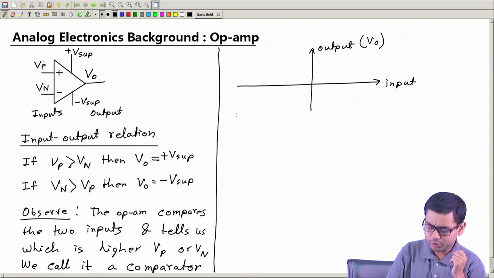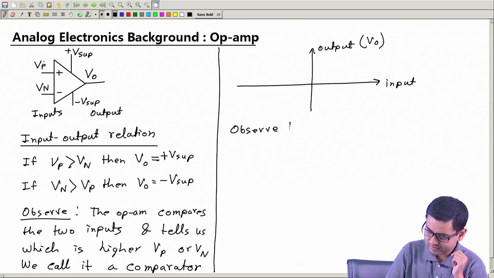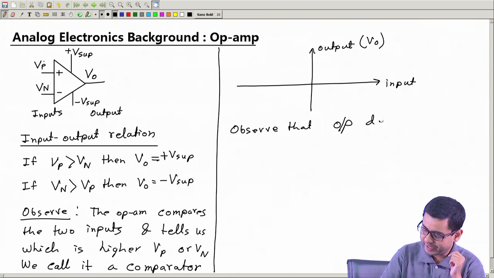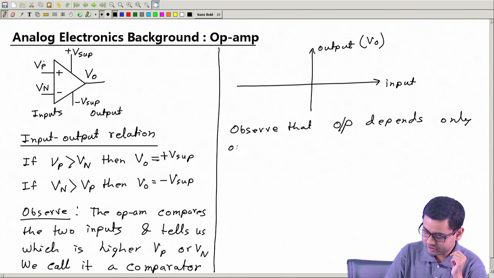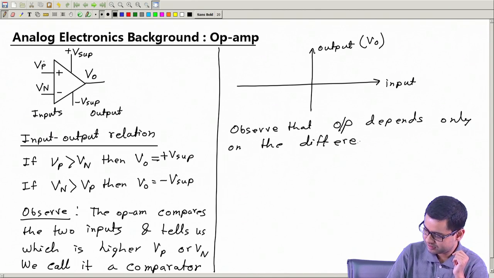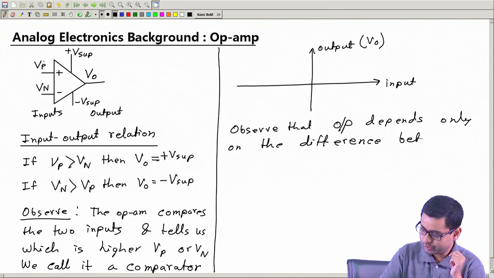But just observe that the output depends only on the difference between Vp and Vn, call it Vp minus Vn.